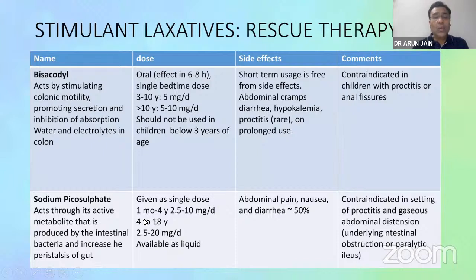Single dose, 1 month to 4 years, 2.5 to 10 milligram per day, and more than 4 years to 18 years, 2.5 to 20 milligram per day. It is available as a liquid form, and Piclin is a very common trade name available in the market. It may cause abdominal pain, nausea, and diarrhea, and is contraindicated in proctitis, gastric distension, underlying intestinal obstruction, or paralytic ileus.